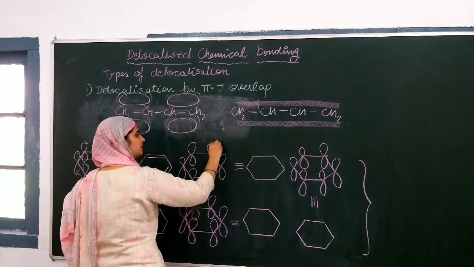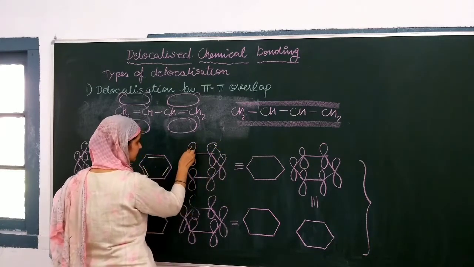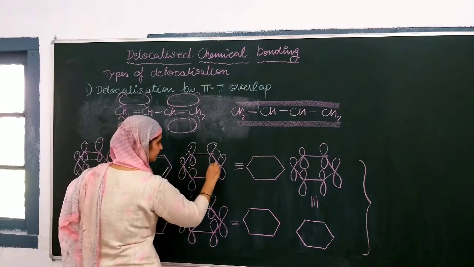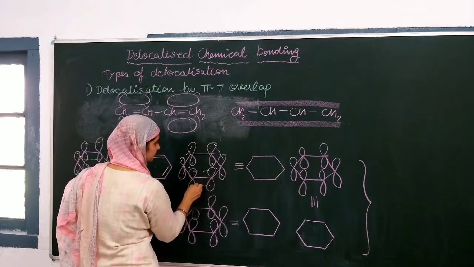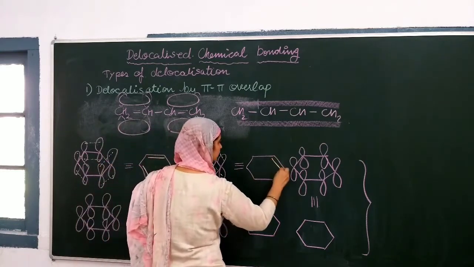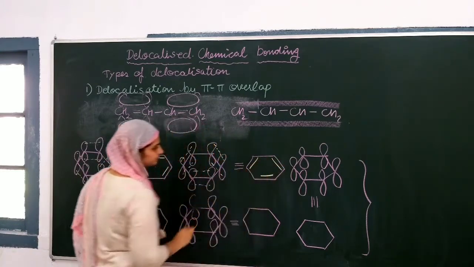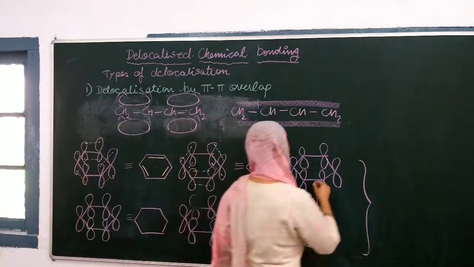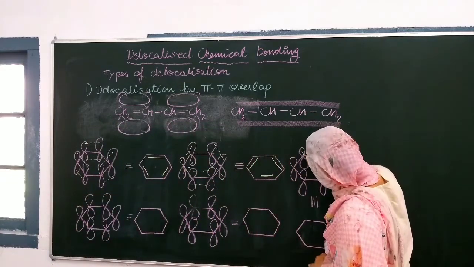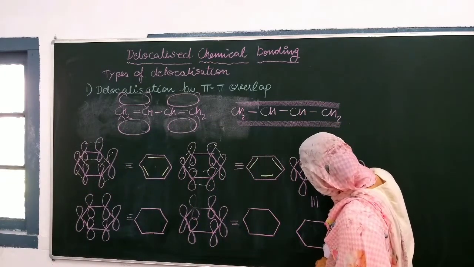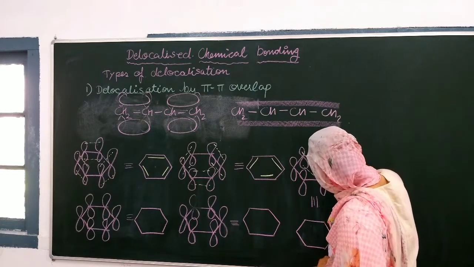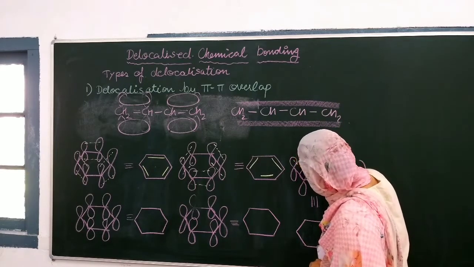Then I will overlap these side orbitals, so we get this structure. Then these orbitals are overlapped to form Dewar structures.